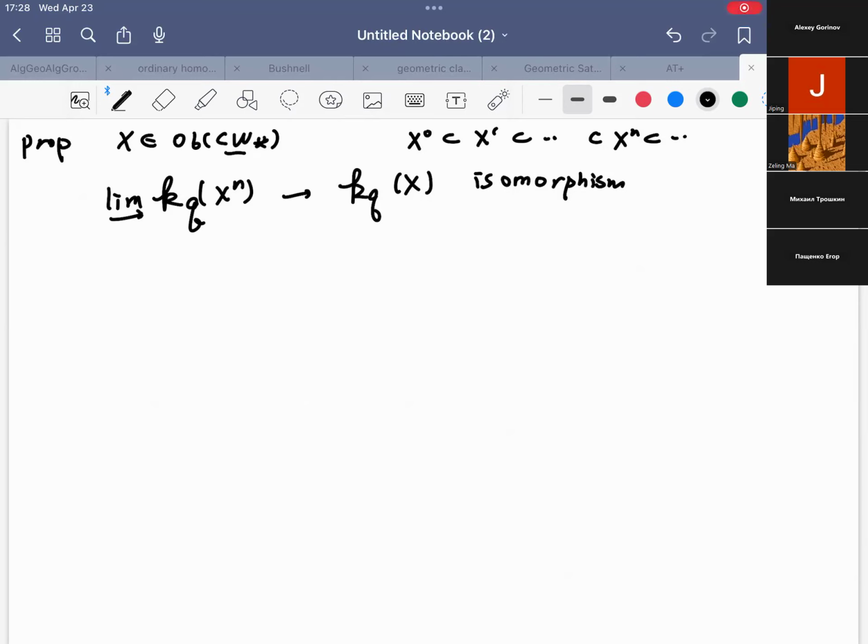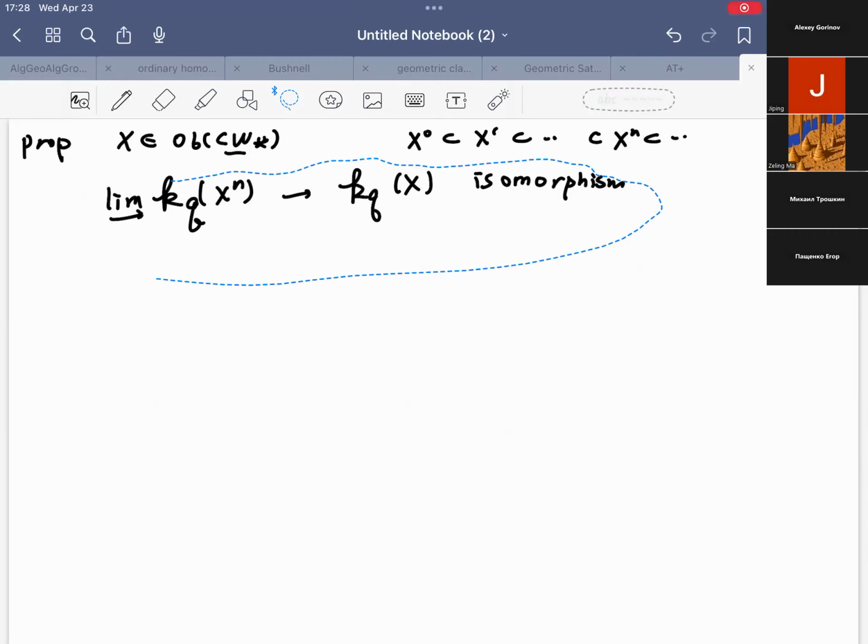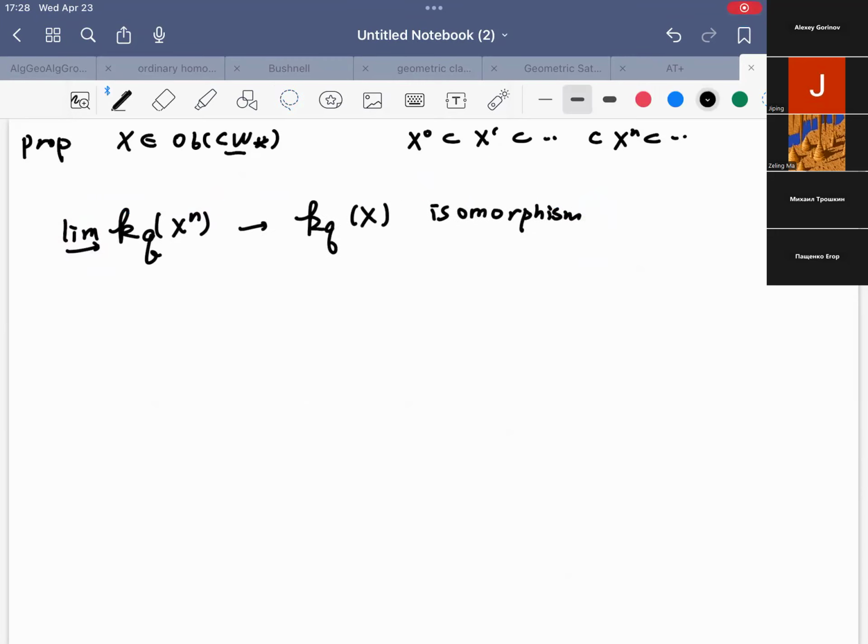So we give a little notation here. i_n, as before, is the inclusion of the subcomplex Xn into X, and g is the inclusion from Xn to Xn+1.